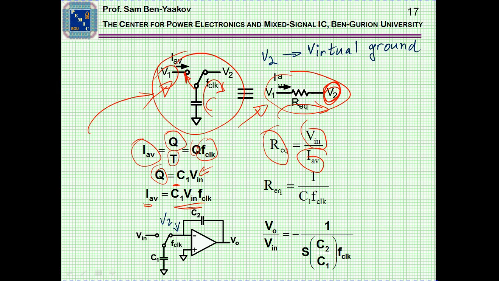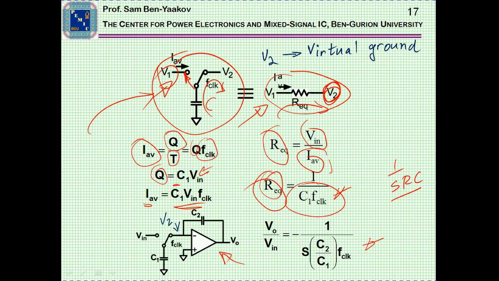And as it turns out, our equivalent is 1 over C times the frequency. Plugging in the value of our equivalent into the transfer function 1 over SRC, we find that this is the transfer function of this particular integrator.